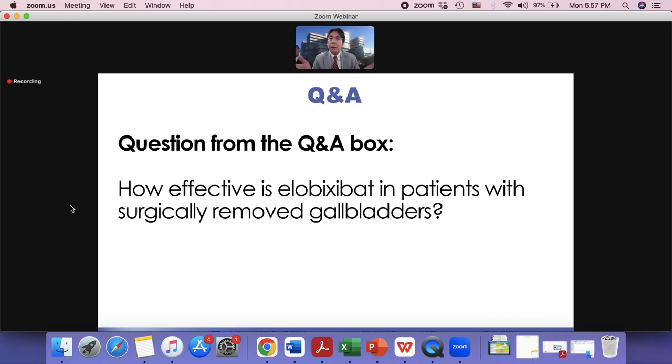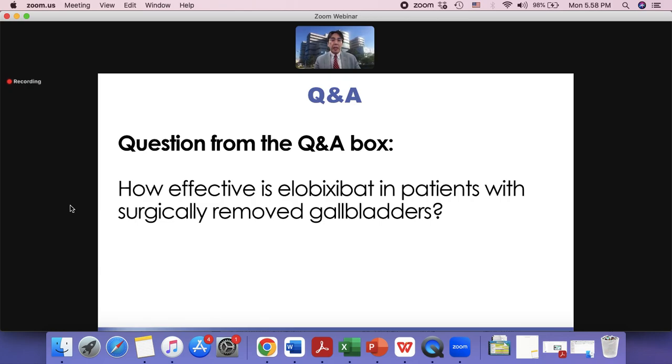Firstly, I don't understand why the effect is the same. In patients with removed gallbladders, the secretion of bile acid or bile juice is periodic, not continuously secreted. It occurs after breakfast, after lunch, after supper.